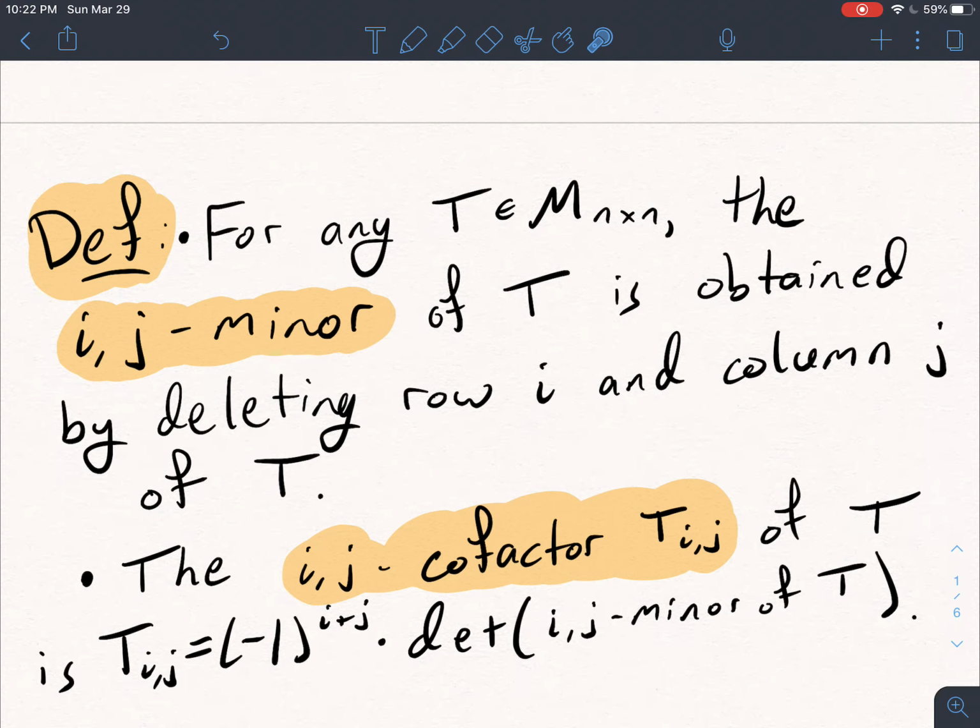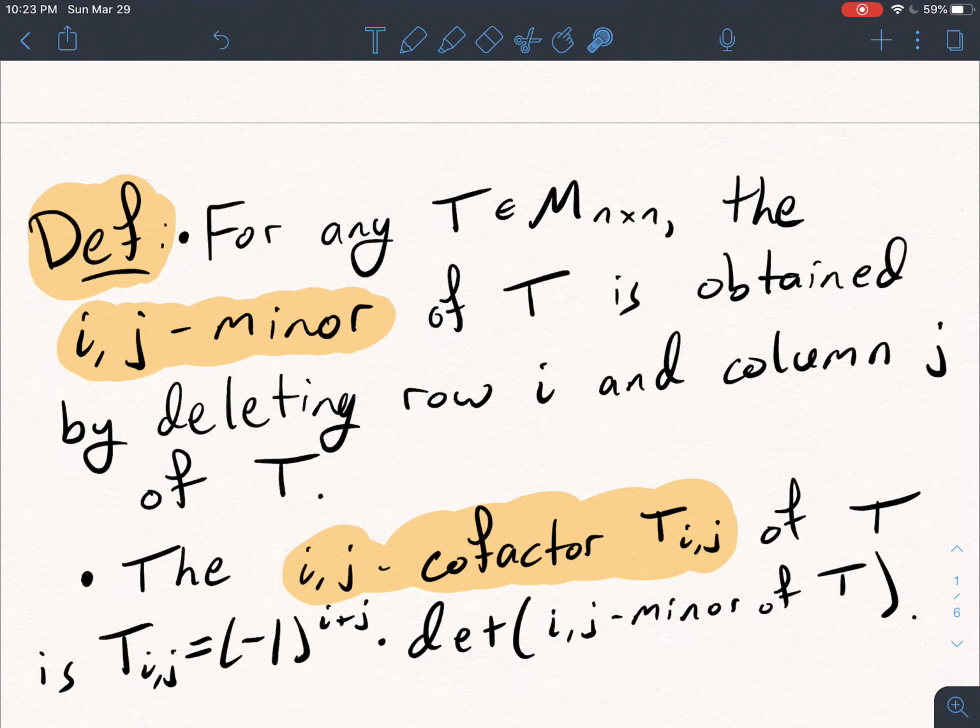We were deleting, in our case, row 1 and columns 1, 2, and 3 of our matrix, and then we were taking a determinant. And specifically, we were also taking an alternating sum of those determinants, each multiplied by the corresponding entry in the matrix.